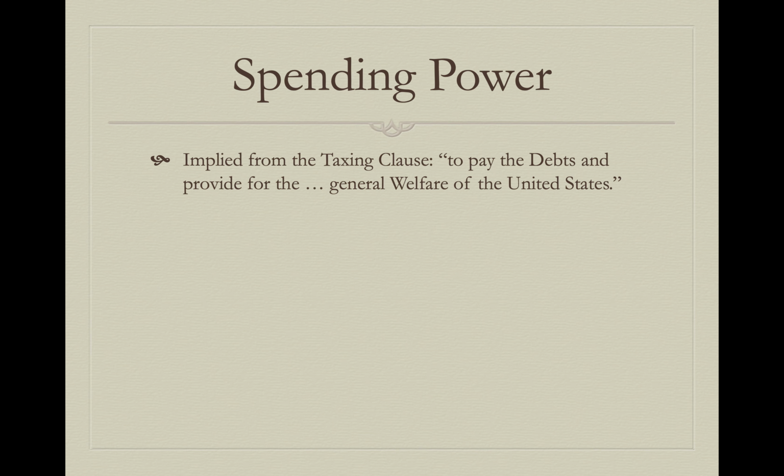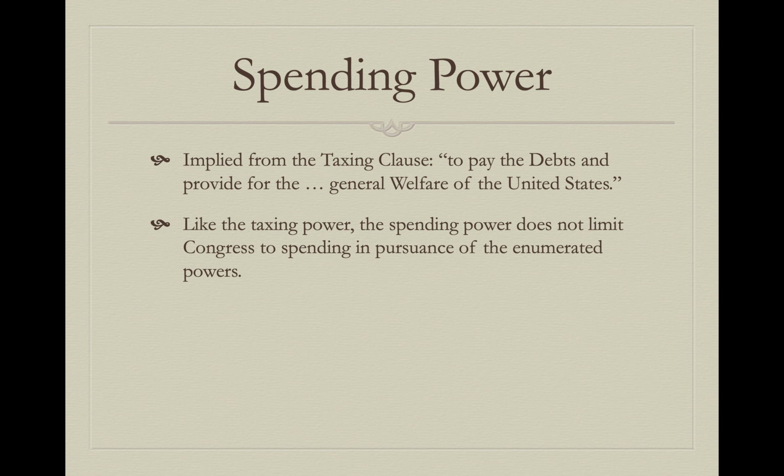The idea is that for this to have any meaning, for Congress to be able to pay the debts, it must be able to spend money, right? And to provide for the general welfare, it must be able to spend money in order to do that. And just like the taxing power, the same clause in which this power to pay the debts is located, this is not tied to the other enumerated powers.